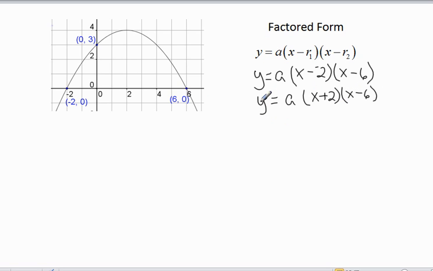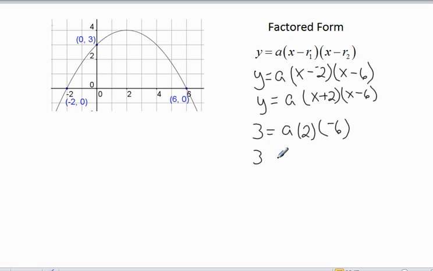and x minus 6. Now again, I don't know what the a is, so I'm going to go up here and use my point 0, 3, and do the same thing I did before. I'm going to put the 3 in for the y. I'm going to put a 0 in for x, and you guys know that 0 plus 2 is 2, so I'll get a 2 right there. And you also know that 0 minus 6 is -6, so I'm just going to write that.